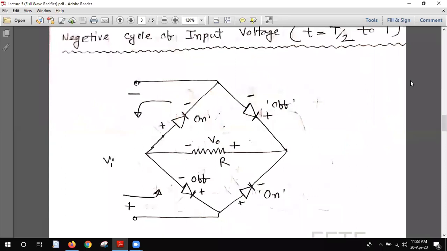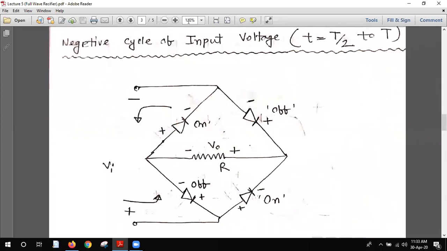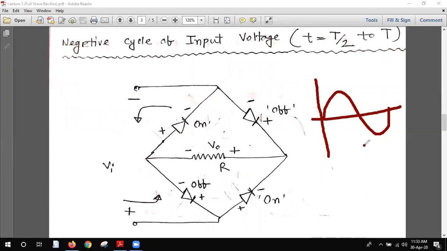Okay, now we see the negative cycle conduction. That will be something like this. Suppose we are drawing this: this is the positive cycle, this is the negative cycle. Now we will see this part, how the negative cycle works.